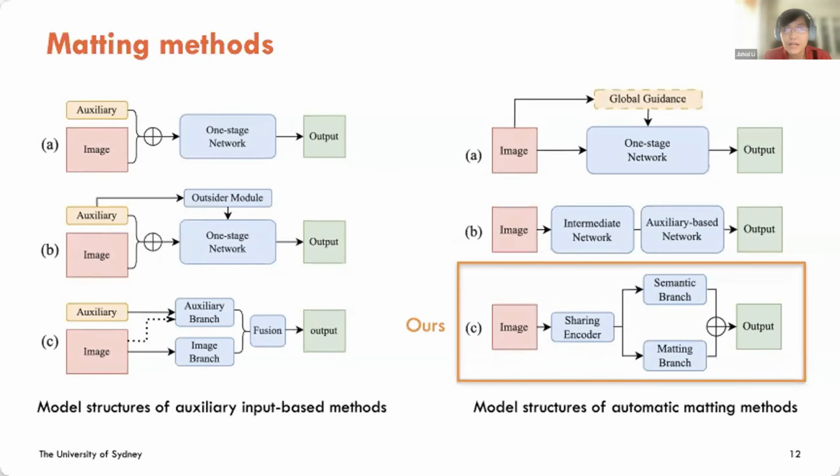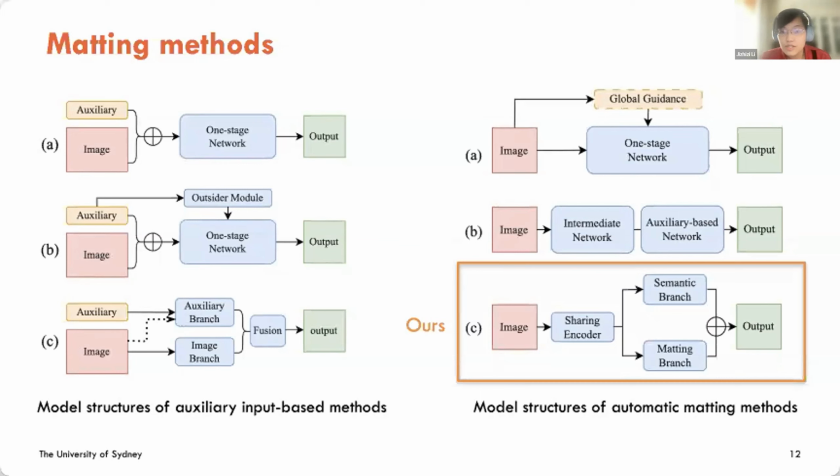And in terms of the automatic matting methods, there are two types. The first passes through a one-stage network using a global guidance. And another uses a two-stage network. The first stage generates an intermediate signal, which is usually the auxiliary input information that we used in the auxiliary input-based methods.